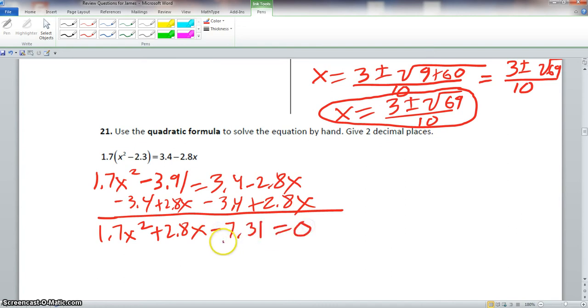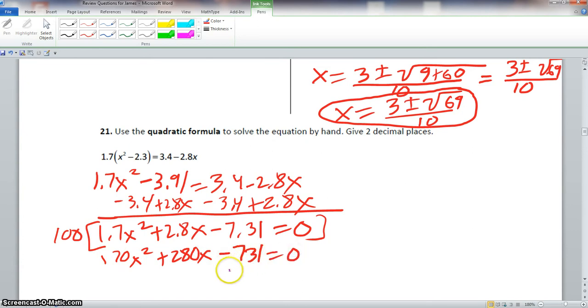And we know that equals 0. Now, we could get rid of these decimals by multiplying everything by 100. Let's just do that. So this will give us 170x squared plus 280x minus 731 is equal to 0.